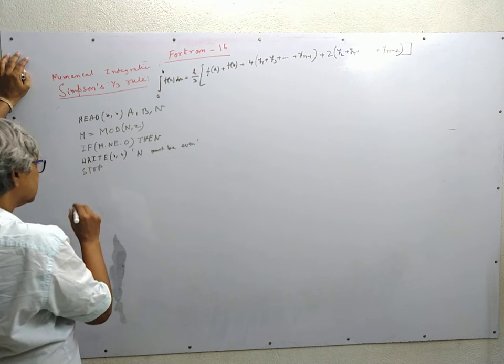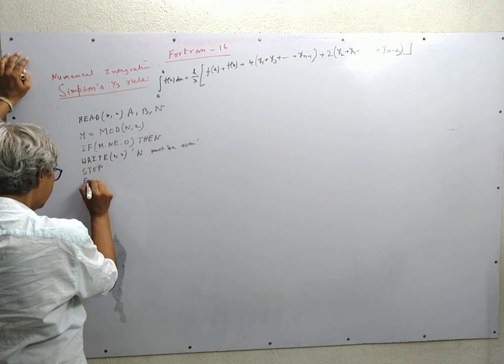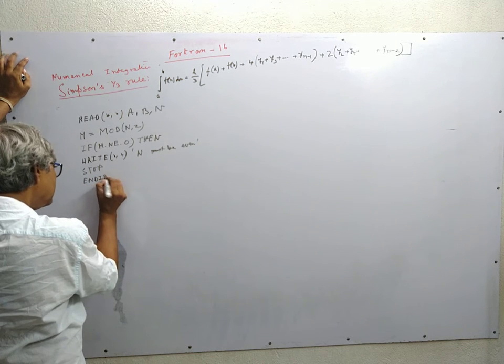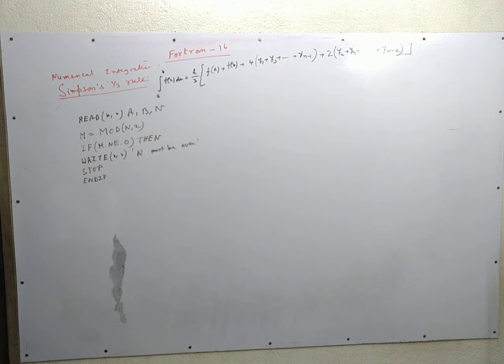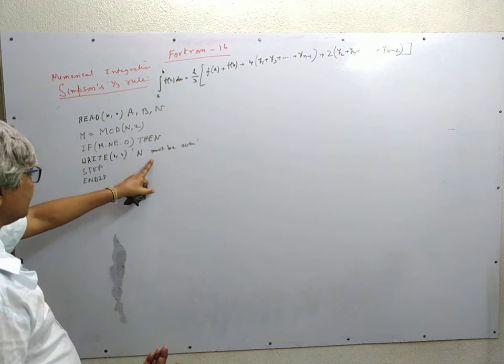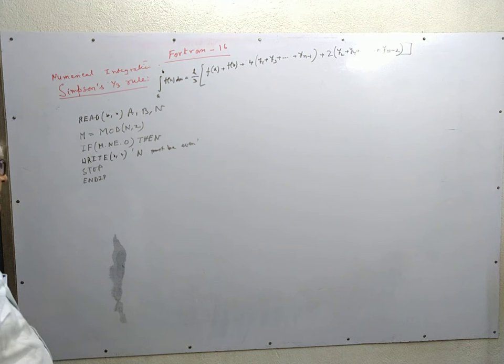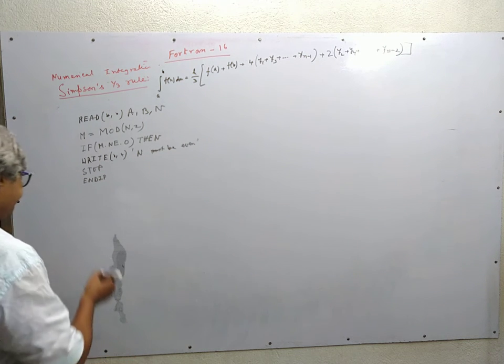Stop. So what this part does: if we supply an n value which is not an even one, the program stops there. Before stopping, it gives the message that n is not even.